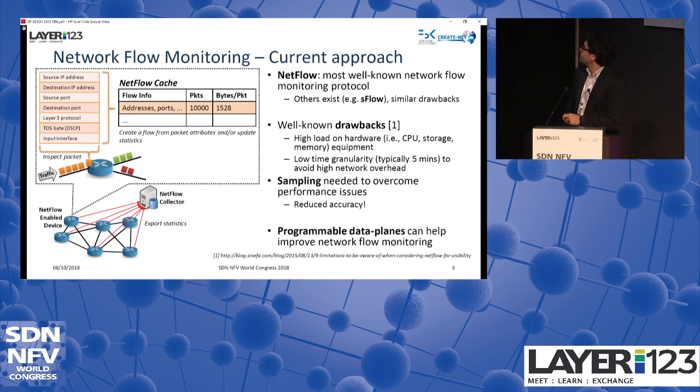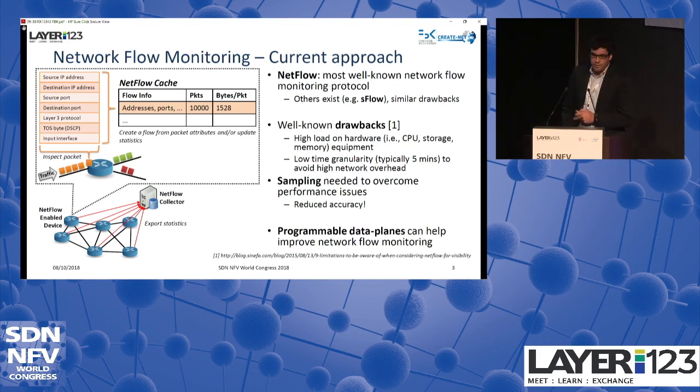This is mainly because it requires a lot of computational power to do this kind of operation for each one of the packets, and then it has a very low time granularity, since usually this information is sent typically every 5 minutes to the NetFlow collector. Why? Because otherwise they would flood the network with monitoring information, and this is something that I don't want to do. So to overcome these issues, sampling is used.